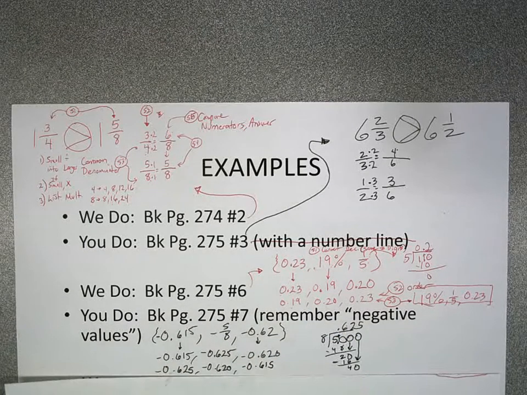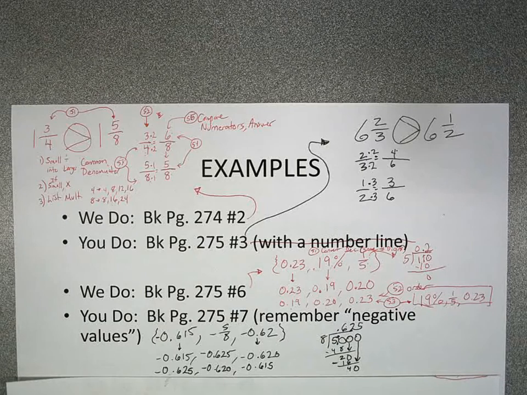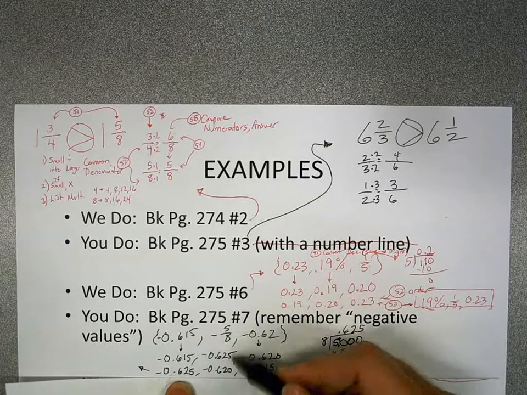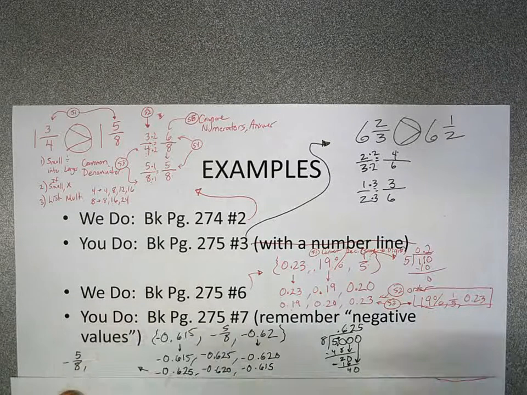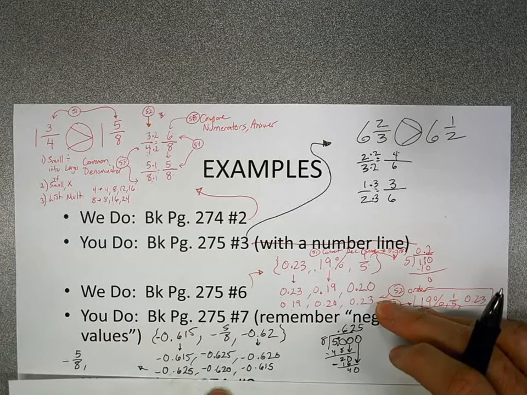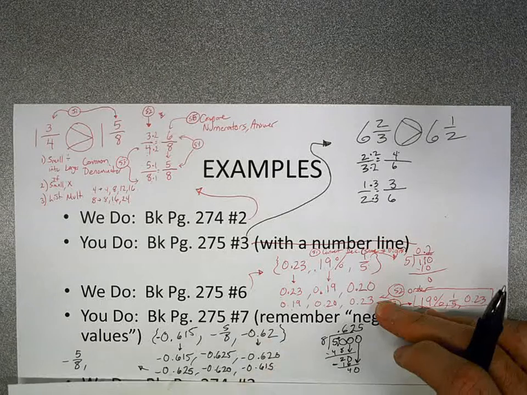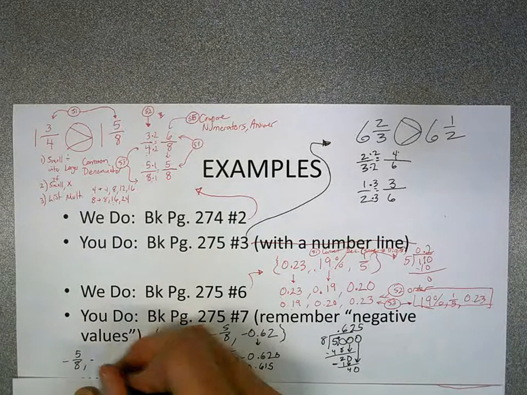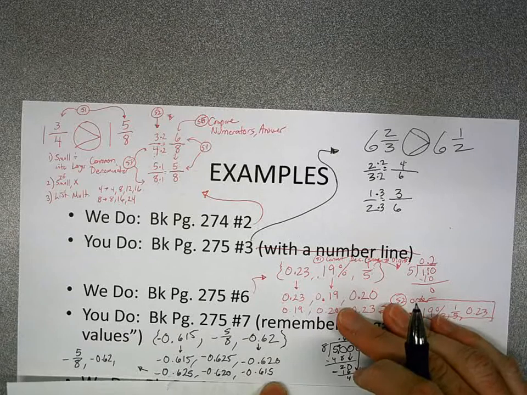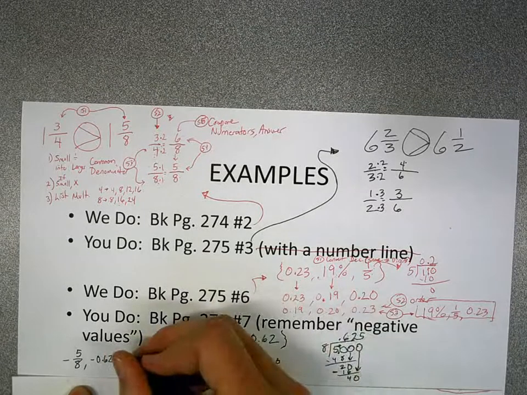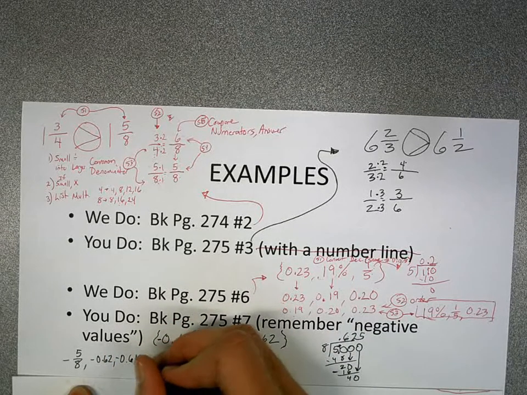Now don't forget, we have to put it in original form. So the 625, okay, that was the negative 5/8. The negative 620 thousandths was the negative 62 hundredths. And the negative 615 thousandths was exactly that, negative 615 thousandths.